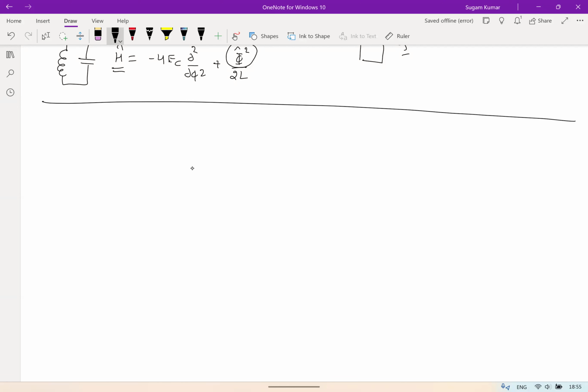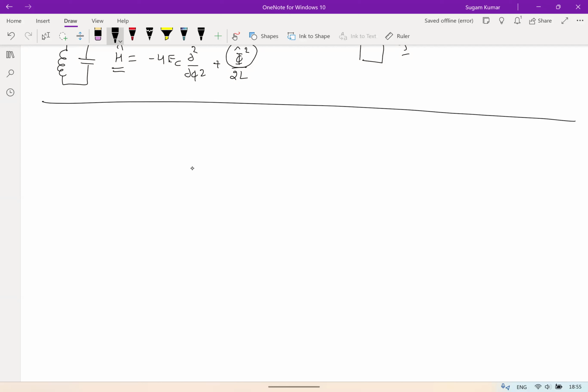So either we can make a charge qubit, or we can make a flux qubit, or we can make a phase qubit. So different types of qubits we can construct.